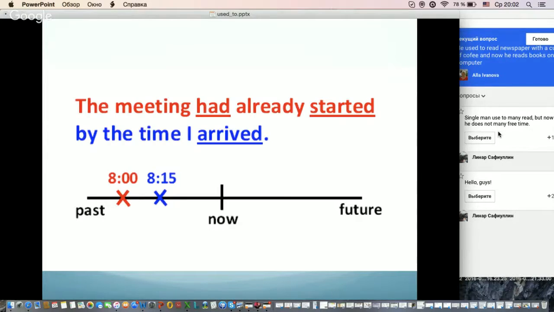So, let's say that the time when I arrived was 8:15, but the meeting began at 8 o'clock. То есть наша встреча началась в 8 часов утра или вечера, а я прибыл только в 15 минут 9. Таким образом, мы понимаем, что есть прошедшее и предпрошедшее действие.